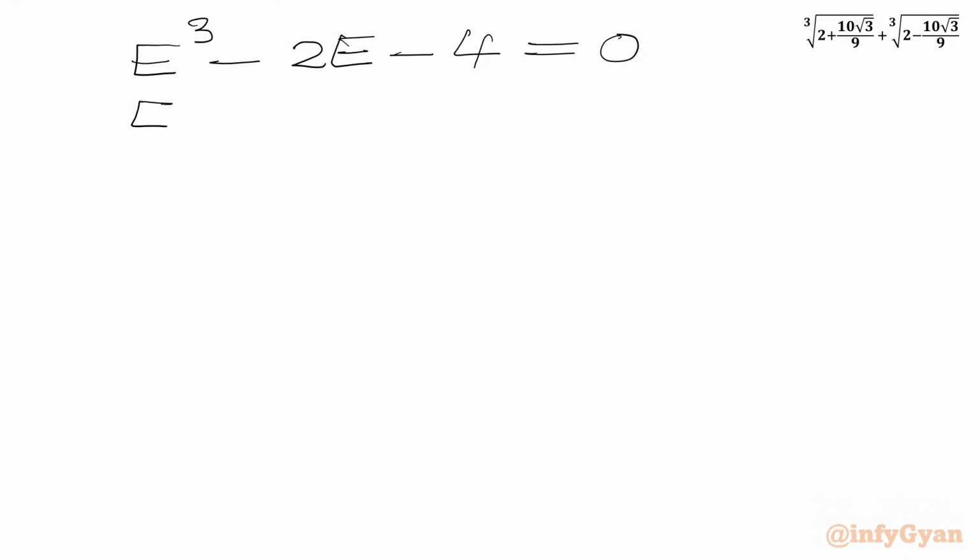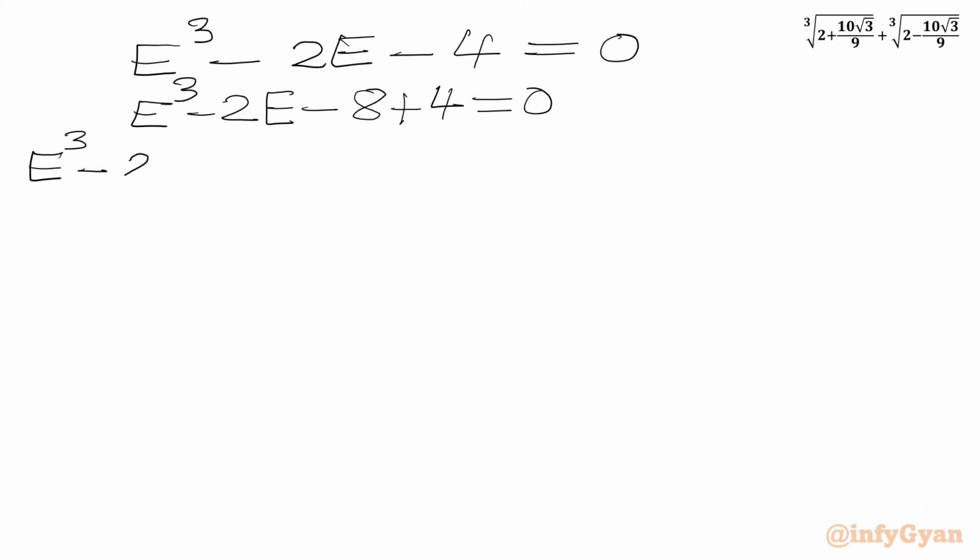Let me write e cube minus 2e minus 8 plus 4. Minus 8 plus 4 is minus 4. Now we will write e cube, 8 can be written as 2 cube, then we have minus 2e, then we have plus 4 equal to 0.